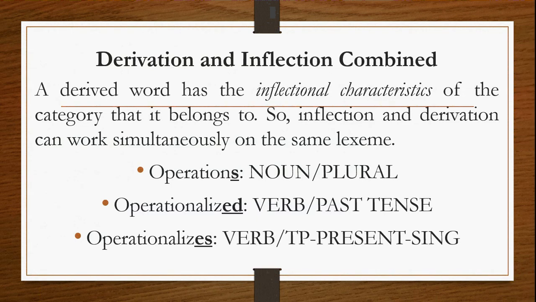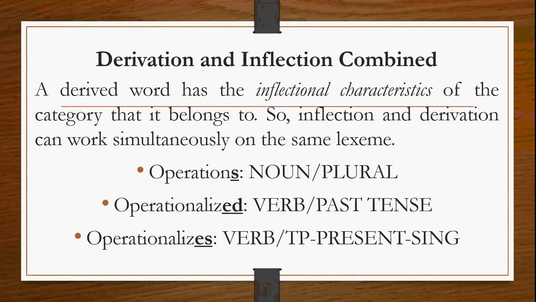So for example, say you change a word from a verb to an adjective. The new adjective is going to have the inflectional characteristics of an adjective. Or let's say you transform an adjective into a verb. The new verb is going to have the inflectional characteristics of a verb.